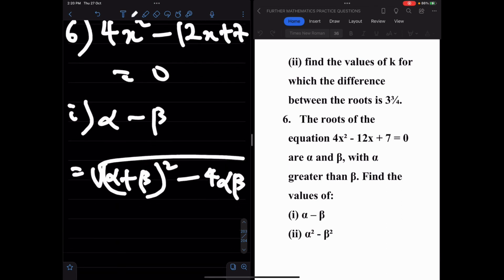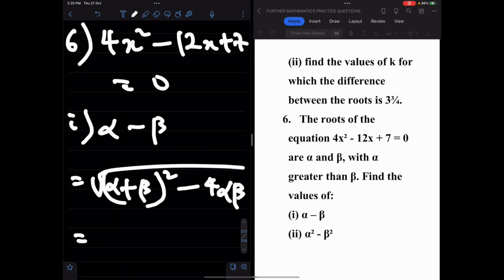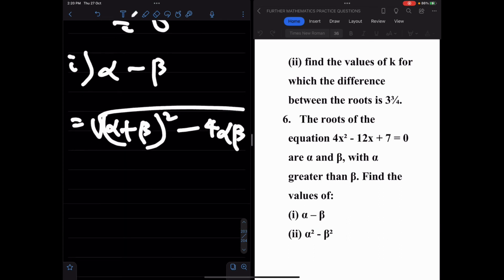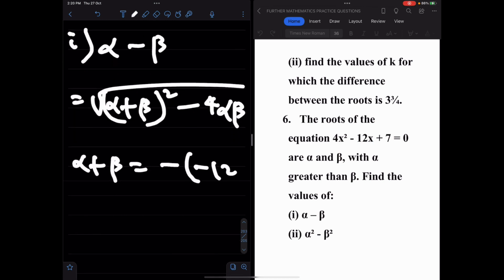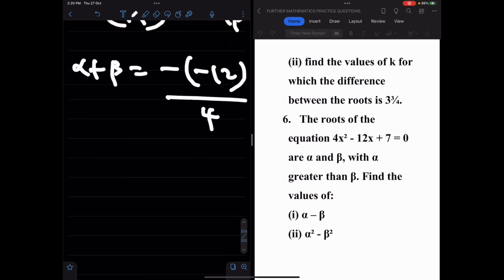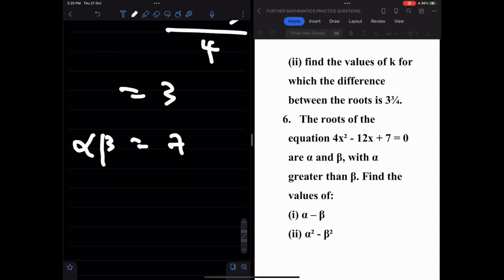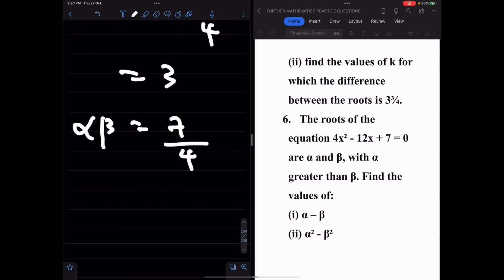And here in the given equation, alpha plus beta is minus b over a. That's minus into minus 12 over 4, and that's 12 over 4, which is 3. Alpha beta is c over a, which is 7 over 4. C is 7 and a is 4. So alpha beta is 7 over 4.